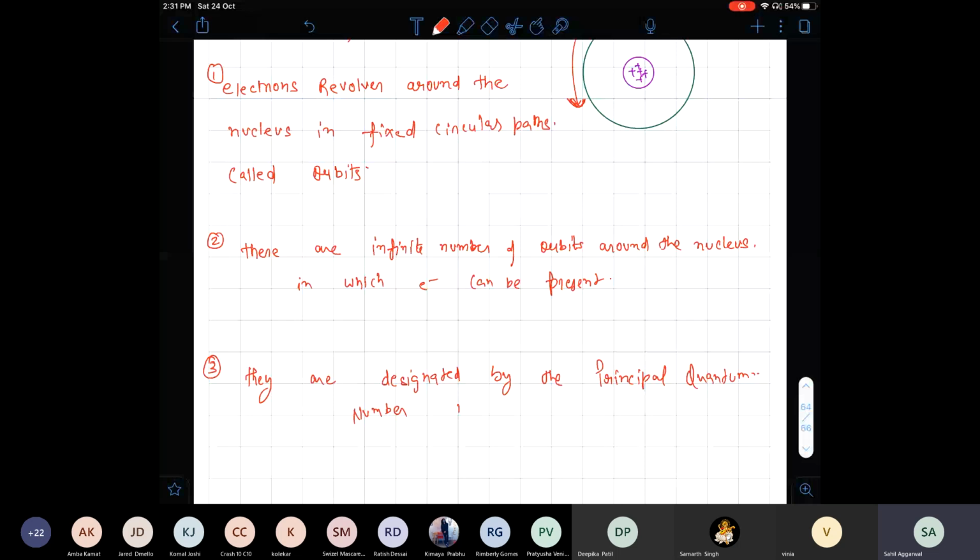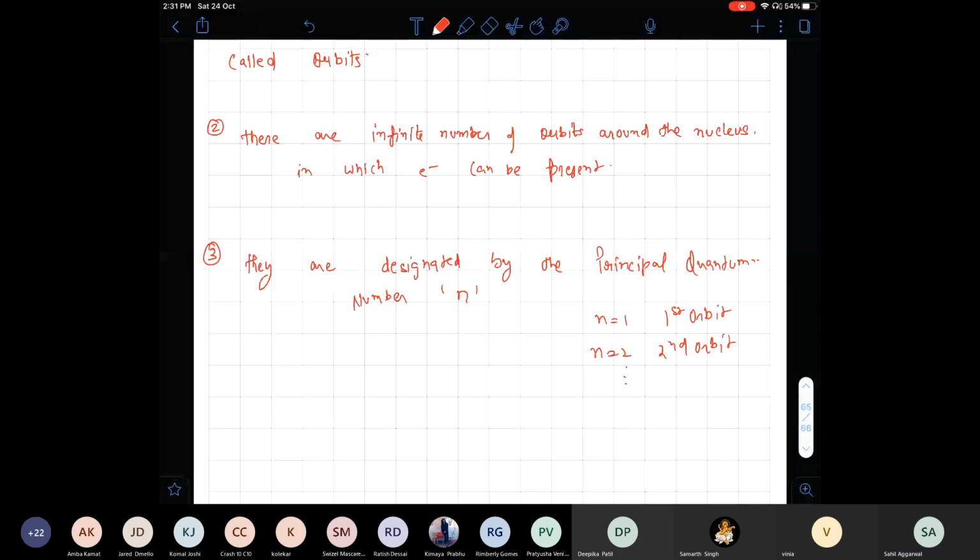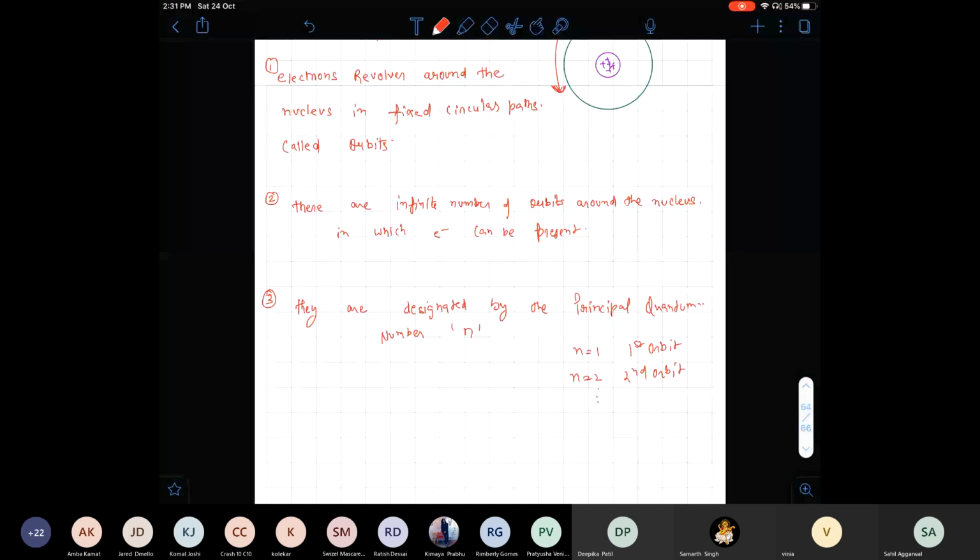N equal to 1 means first orbit, n equal to 2 means second orbit, and so on. Done?